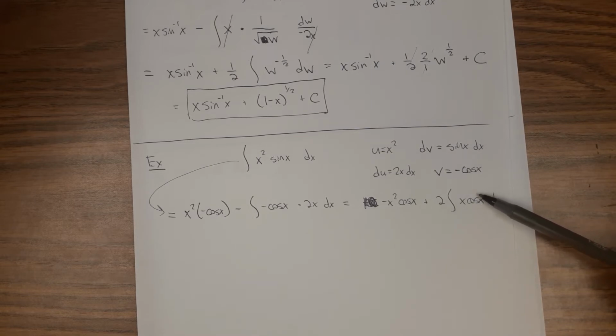It's not like cosine of the square root of x or cosine of anything more complicated than that. It's just cosine of x. So I don't think I'm going to use u substitution. What I'm going to do, and this is something that can happen, is integration by parts again.